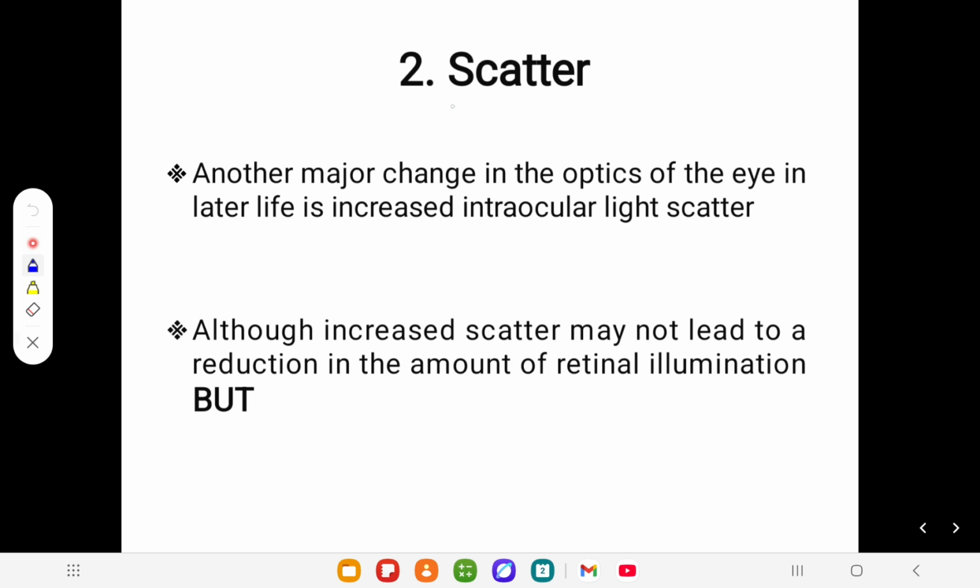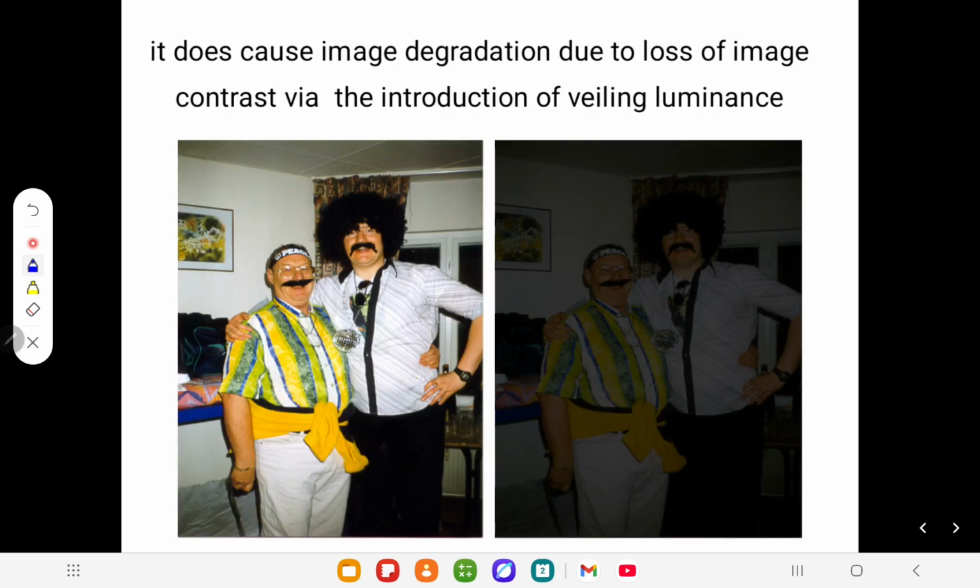The second is scattering. Another major change in the optics of the eye in later life is increased intraocular light scattering, majorly because of the lens. Although increased scattering may not reduce the amount of retinal illumination, it does cause image degradation due to loss of image contrast by introduction of veiling.